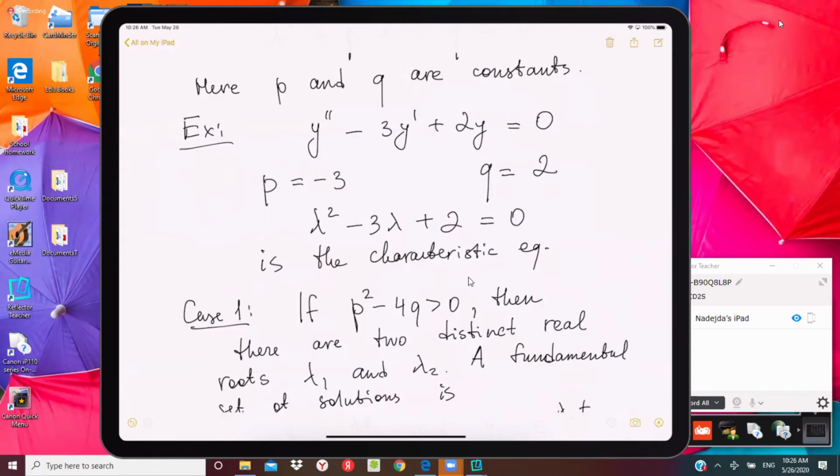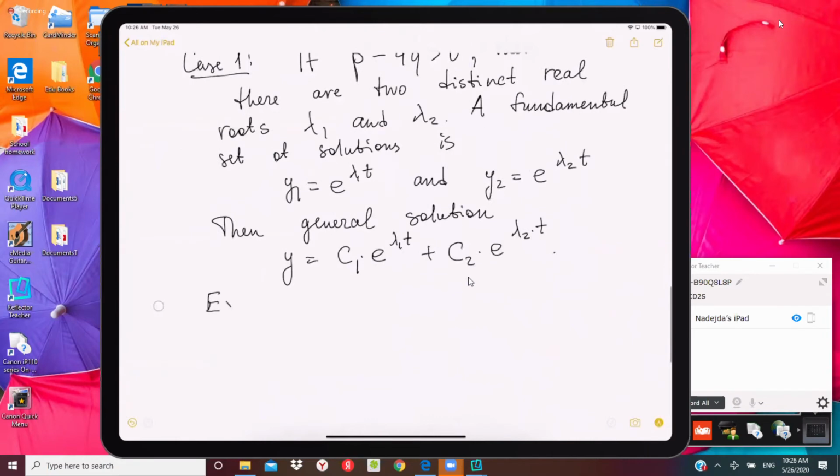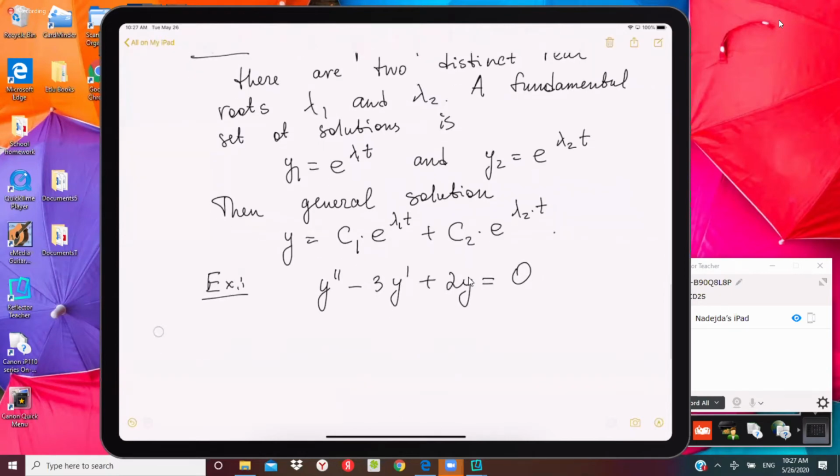So let's take a look again at this example, the same differential equation: y double prime minus 3y prime plus 2y equals 0. We will try to solve this homogeneous differential equation. Once we find the general solution, we want to find the particular solution that satisfies y of 0 equals 2 and y prime of 0 equals 1.